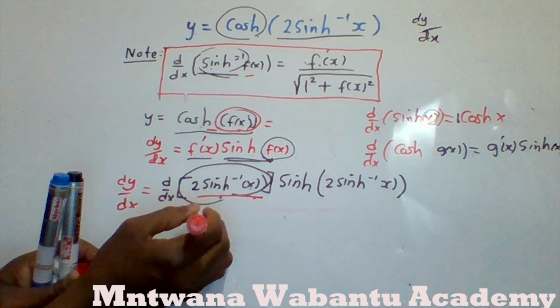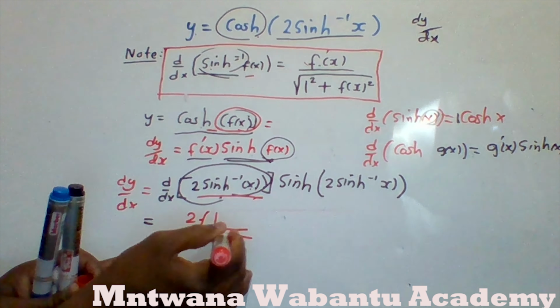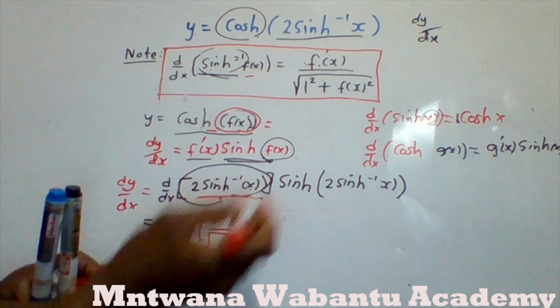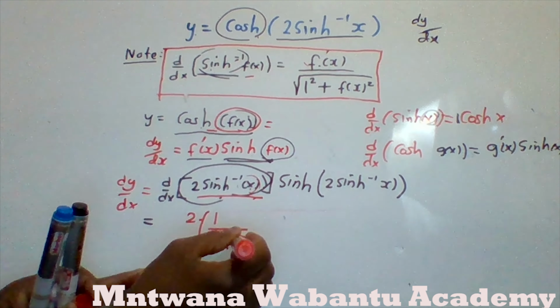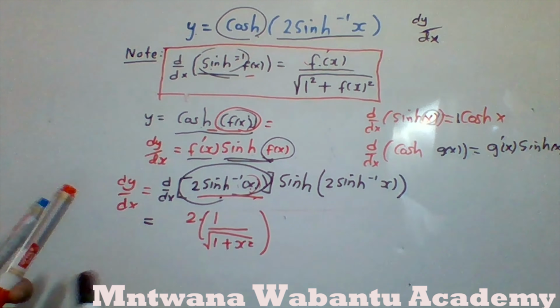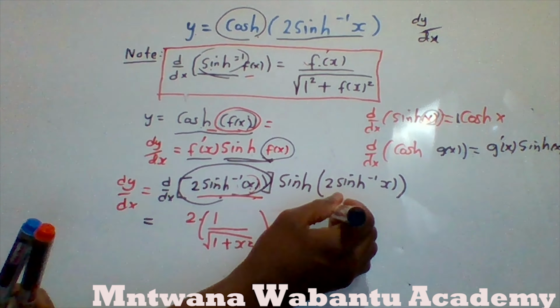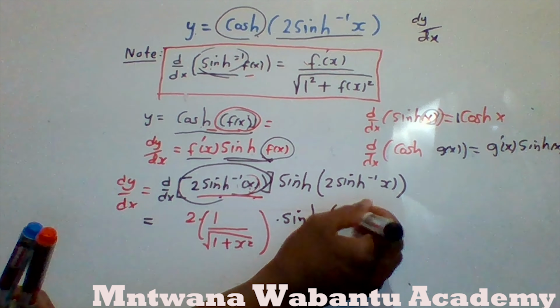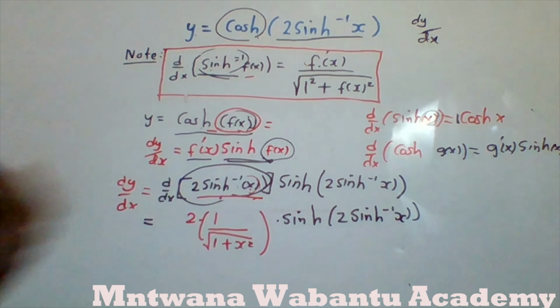But remember, we have the 2 outside of everything. So we have already differentiated, but we still have our 2 sinh inverse of x.